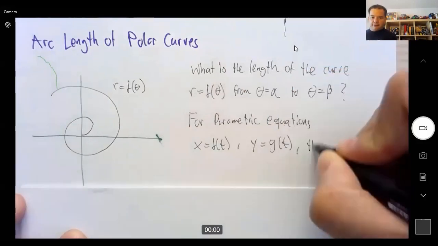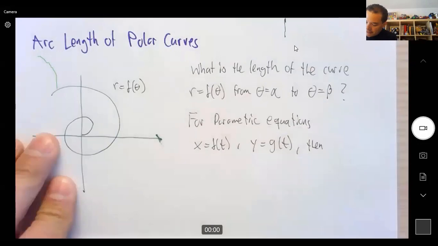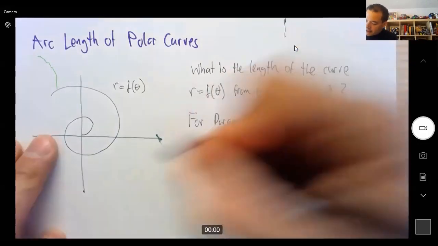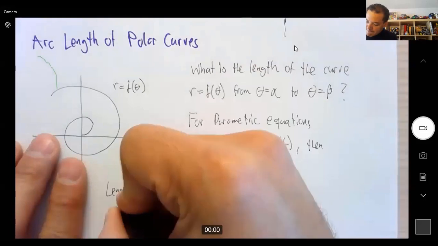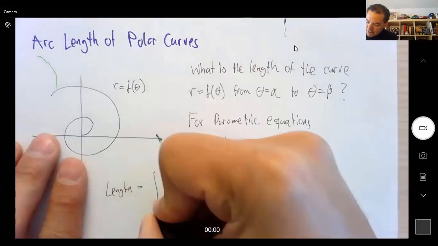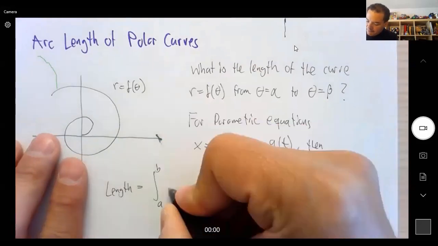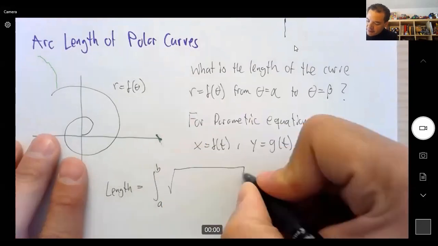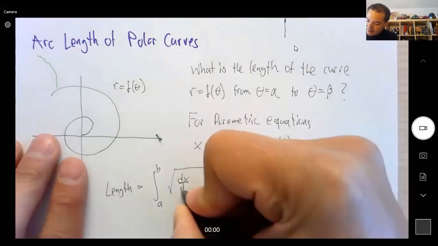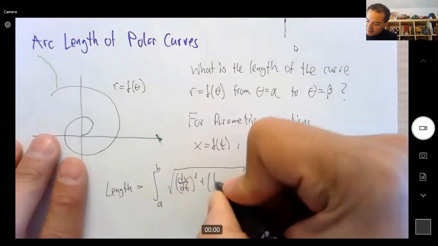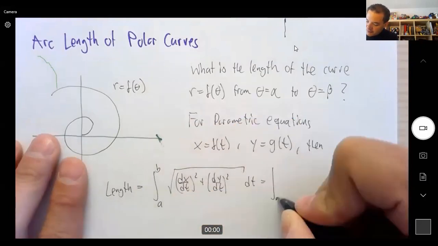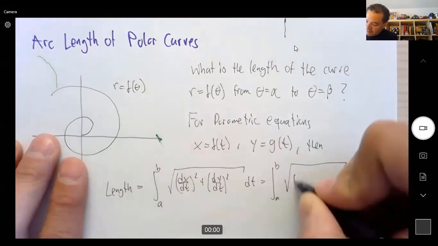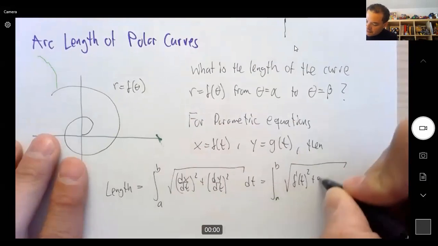Then the length from t equals a to t equals b was the integral from a to b of the square root of dx/dt squared plus dy/dt squared. Or in other words, take the square root of the derivative of f squared plus the derivative of g squared.